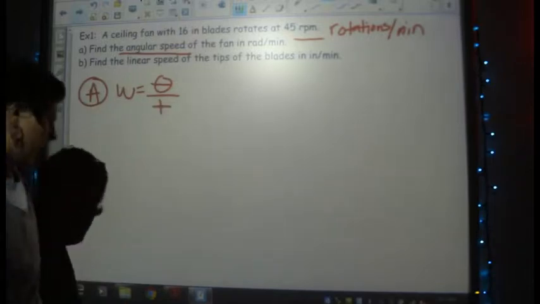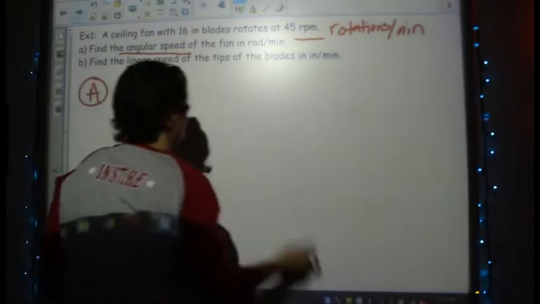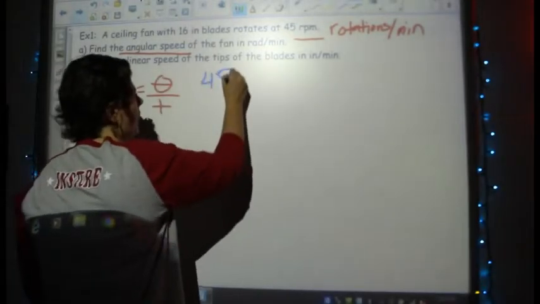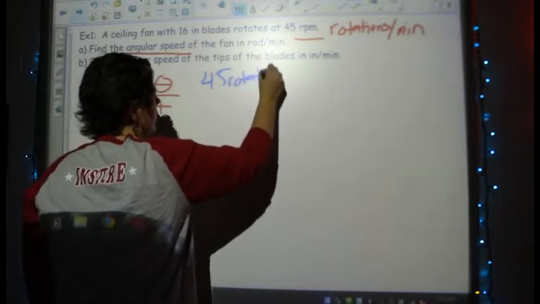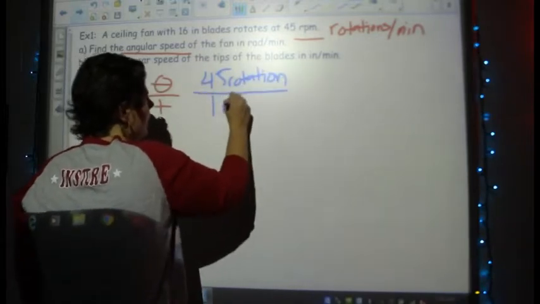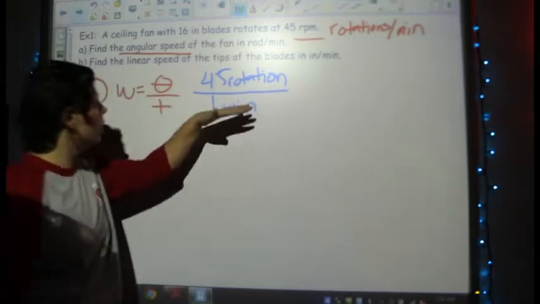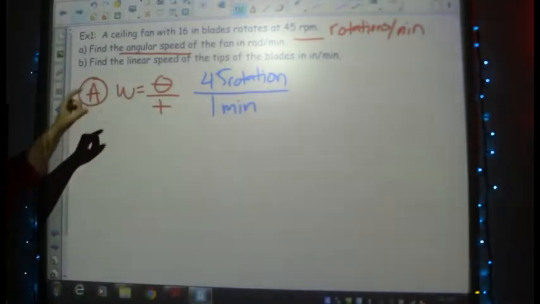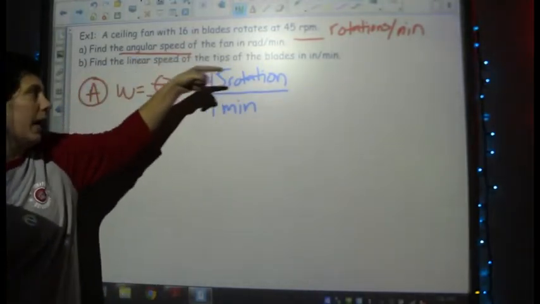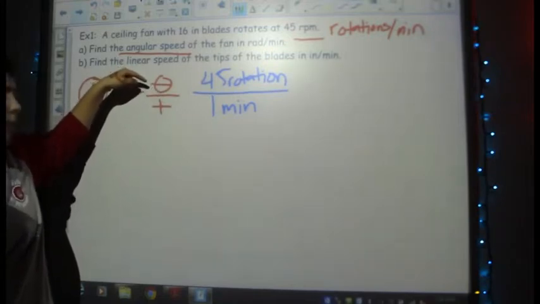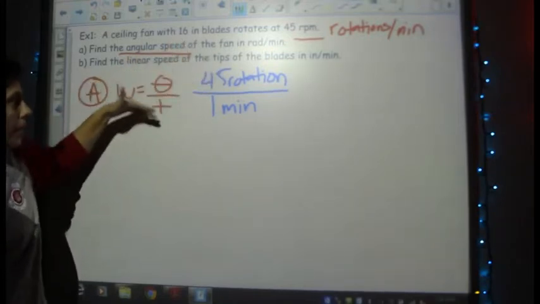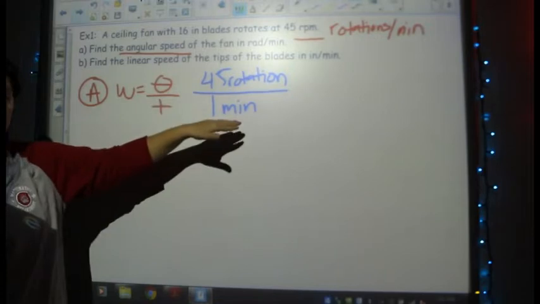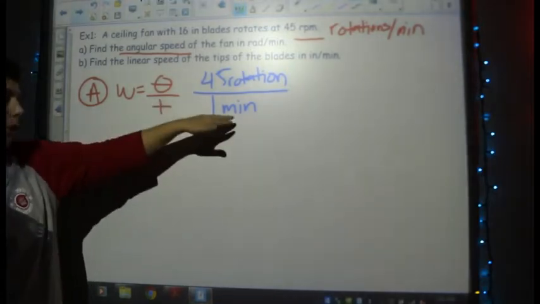And let's work with this 45. So the 45 means that we have 45 rotations for every 1 minute. And that's close to what we need for angular speed, except on top, we're supposed to have a theta, specifically in radians, and we don't have a theta. But on the bottom, we do have time. I see that there is a minute there, because it's per minute.